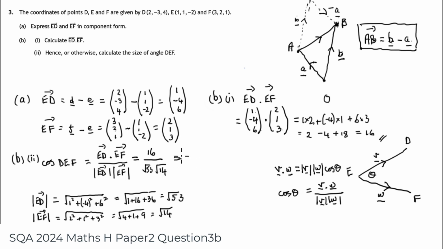So to do that, we have to find the angle whose cosine is, so the angle DEF is the angle whose cosine is 16 over root 53 times root 14. That's how we read the cos to the -1, the angle whose cosine is this value.